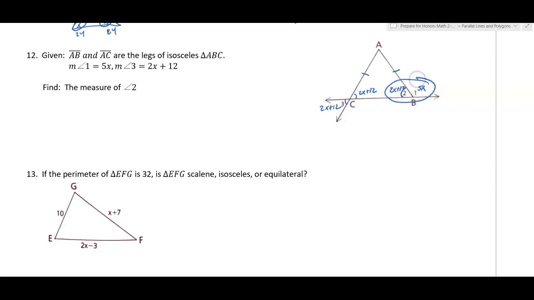Now, what do these two angles have to do? They make a linear pair, so they add up to 180. So 7x equals 168 again. x is equal to 24. Now, to find the measure of angle 2, 2 times 24 plus 12 is going to be 48 plus 12, which is 60 degrees.